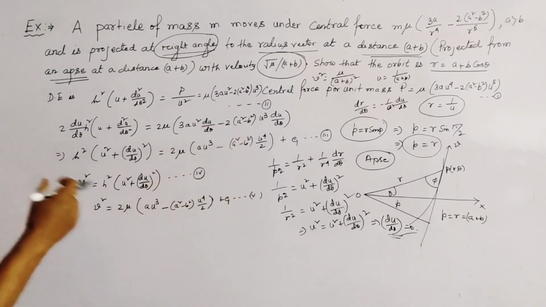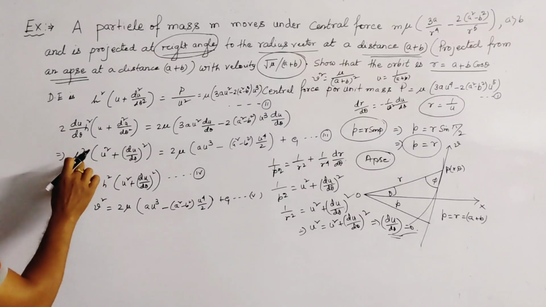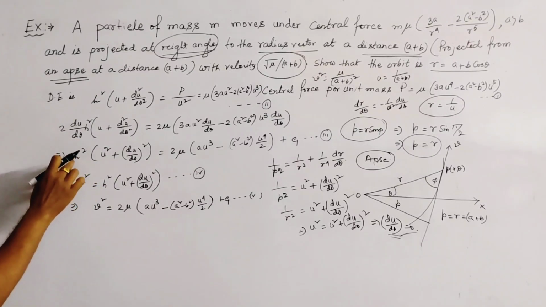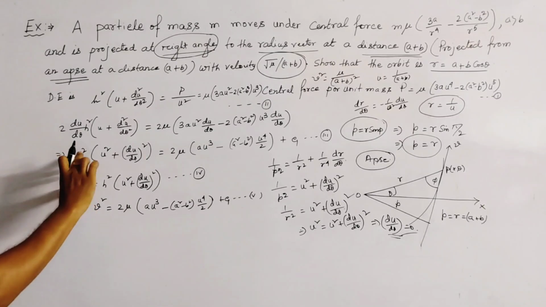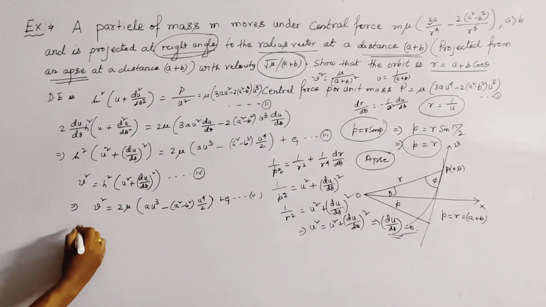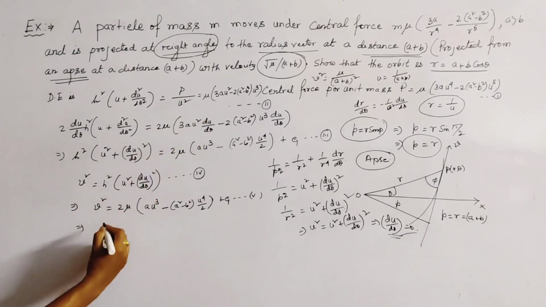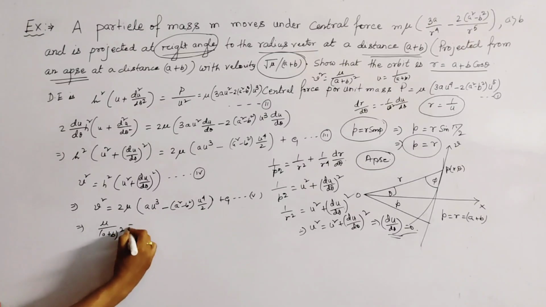Now we put all the values. Okay, we cannot put all the values here because h square is present. Now we eliminate h square by these two relations, and we get this result. Putting the value of v square, this is equal to mu by a plus b whole square.